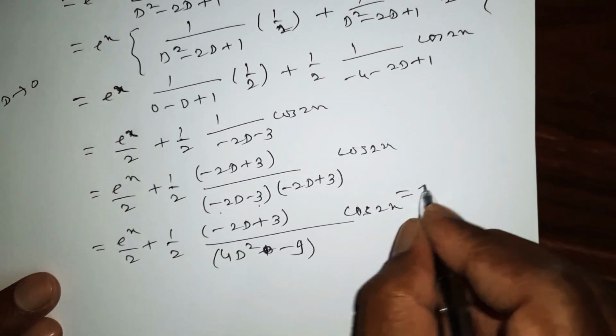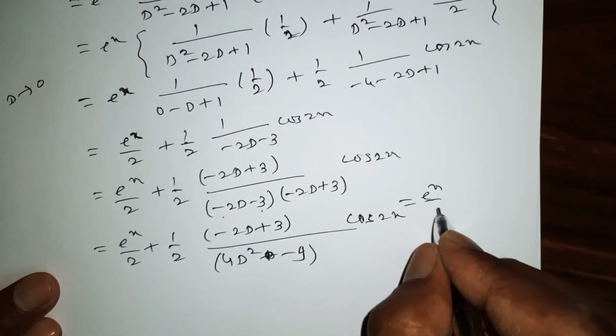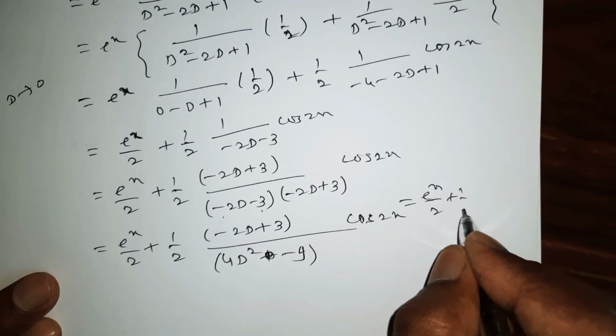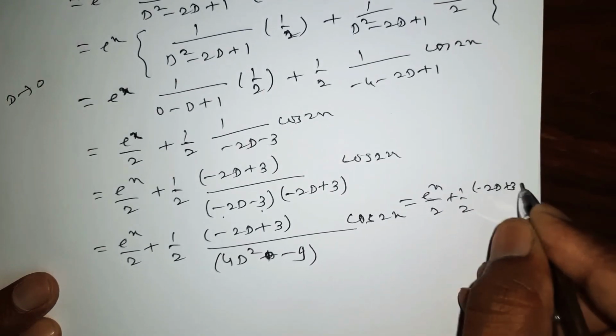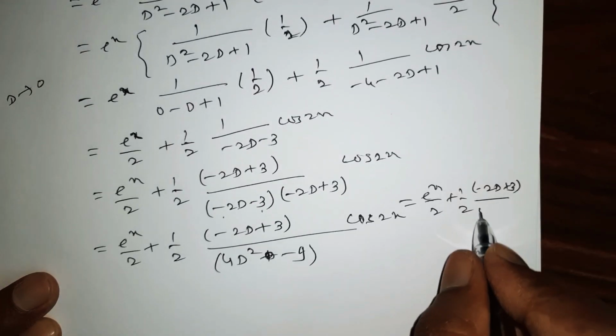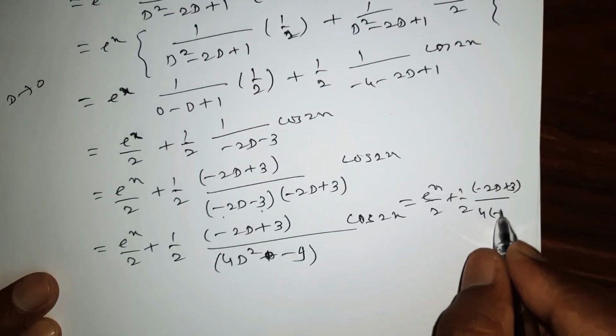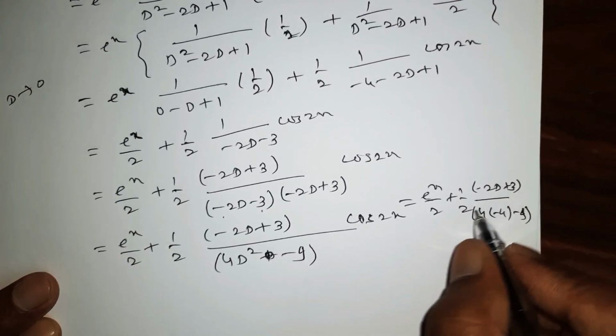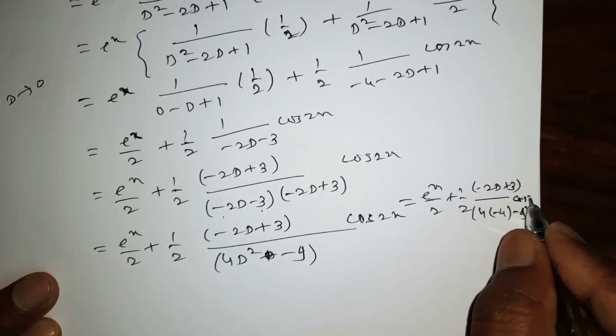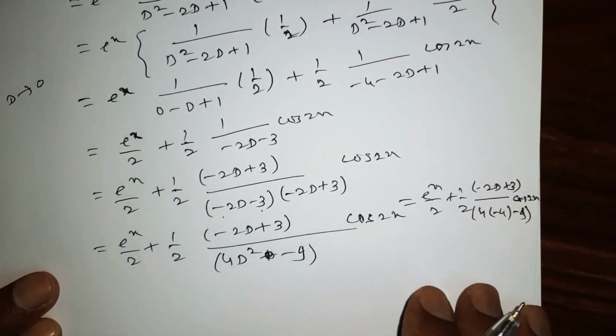So, this is equal to e raised to x upon 2 plus 1 by 2 times minus 2d plus 3 divided by 4 into minus 4 minus 9, applied on cos 2x.